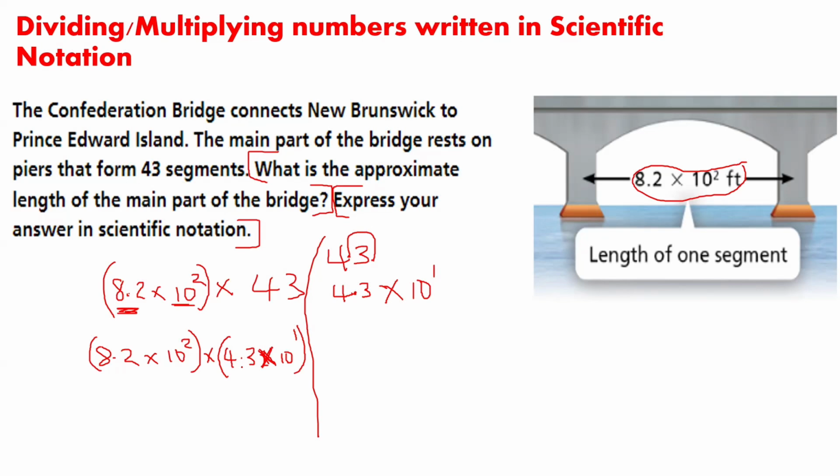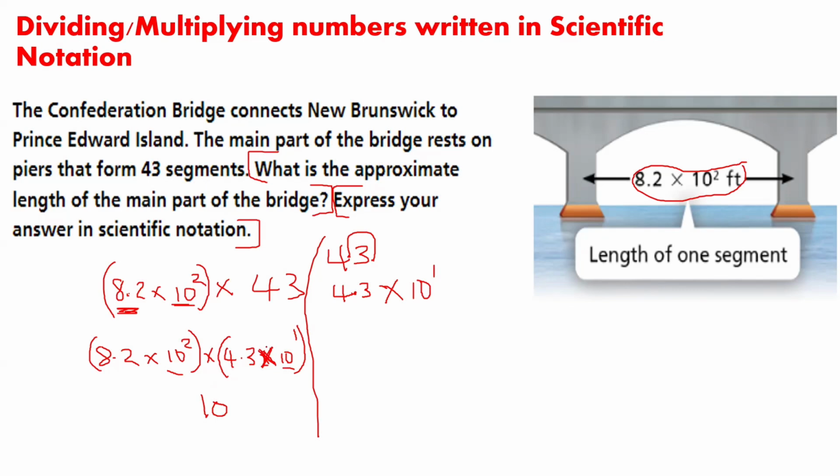However, when you are multiplying or dividing numbers in scientific notation, we apply the law of exponents to the power of 10. So here, based on the law of exponents, once the bases are the same and you are multiplying, you keep the base, which is the 10 to the 2 and 10 to the first, and you add the exponents.